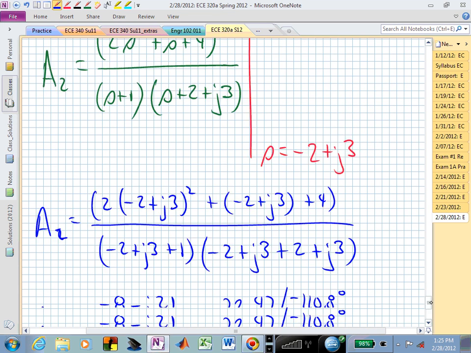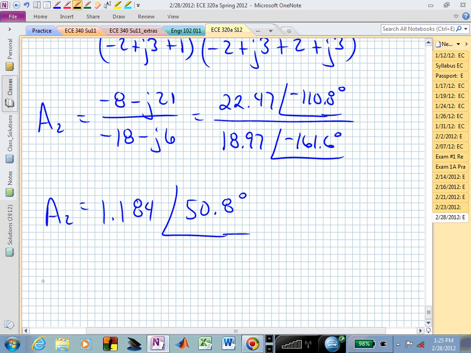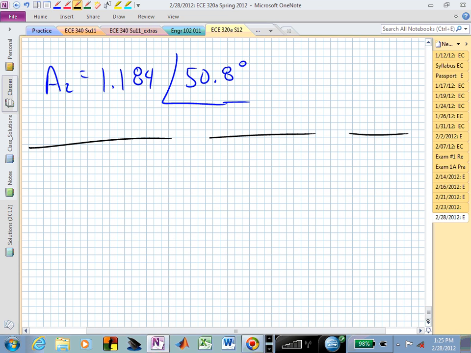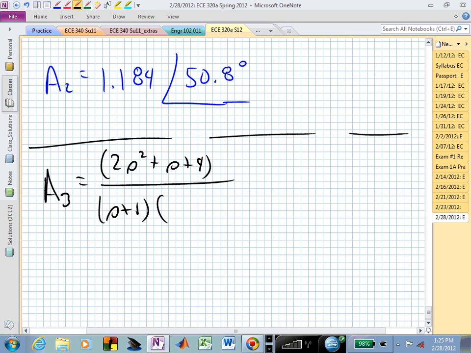So now we know a sub 3, if we actually wanted to compute it, and maybe you should do this tonight because you'll just want to prove this to yourself. What's the formula here? It's 2s squared plus s plus 4 all over s plus 1. And what factor do we have now in the denominator? It's the s plus 2 minus j3. You evaluate this at what value of s?